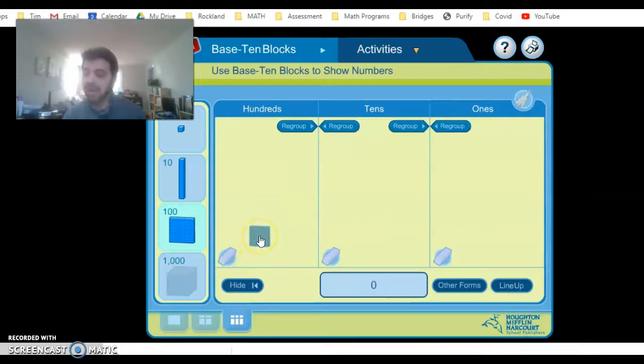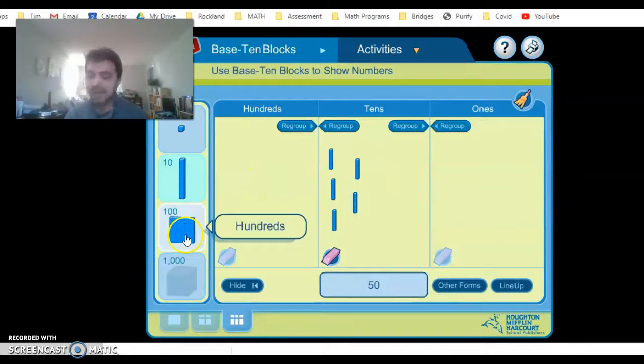So we have 50, we have 5 tens. So 1, 2, 3, 4, 5. Actually, I'm going to line them up more like this. Okay, we have 5 tens, and we have 5 hundreds.